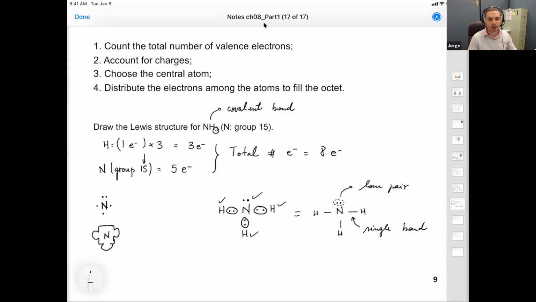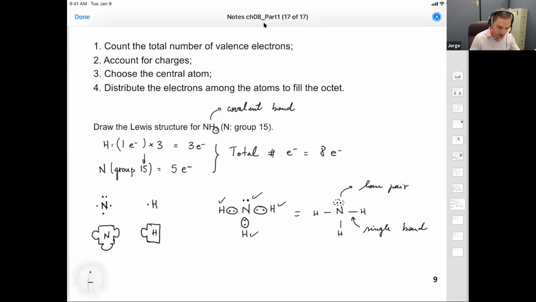Therefore, nitrogen will make a maximum of 3 single bonds. And for hydrogen, only one electron. So here is very simple. Hydrogen has only one spot that is possible to bond. And therefore, that's the structure of NH3.